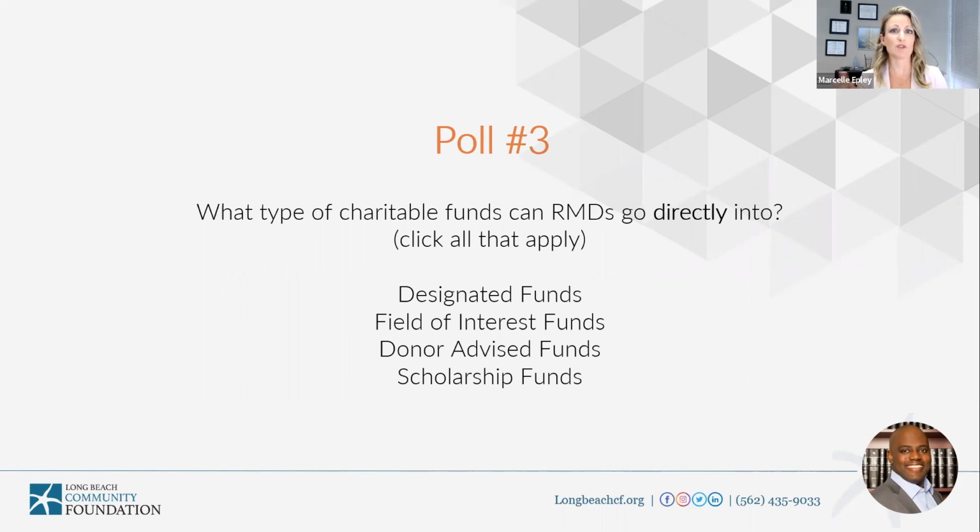We would turn that around. That would be a direct payment from your required minimum distribution into your donor advised fund. It'd have to come into income first for you. That was the example we gave earlier. But it could come to a 501c3 like the community foundation, and then go to a designated fund, a scholarship fund, field of interest, or the impact fund that we talked about earlier.